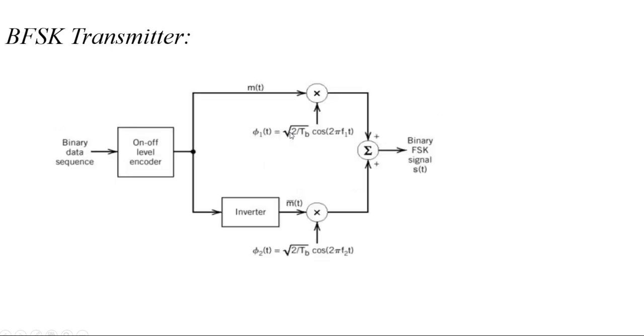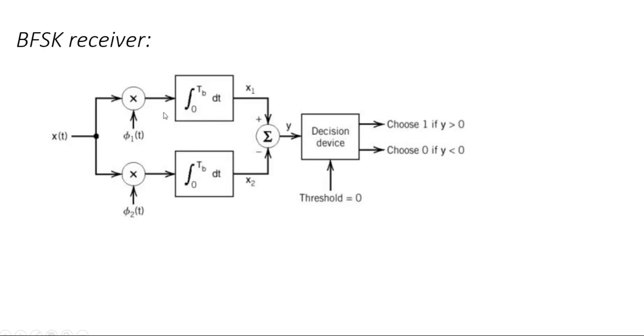As we showed here, when symbol 1 is there, the output will be S1 of t, this output is present and this output is 0. So we will apply a similar logic here. The correlator will give the output x1 higher as compared to x2, because this input is closer to 0 for symbol 1.